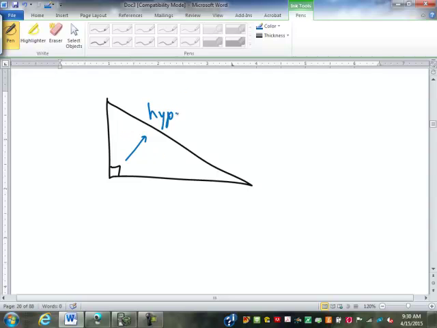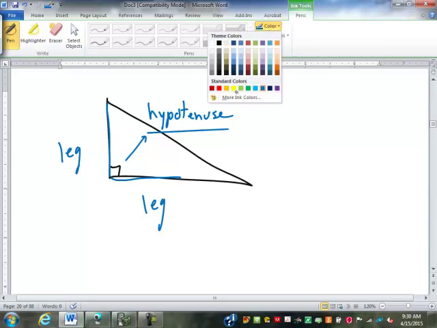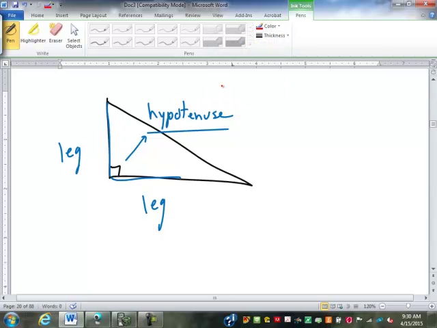This is called the hypotenuse. The other 2 sides form the right angle, and those 2 sides are called legs. I always say this, the legs form the L. They form the right angle.